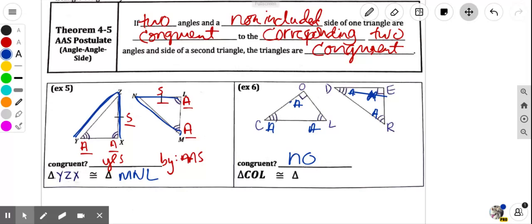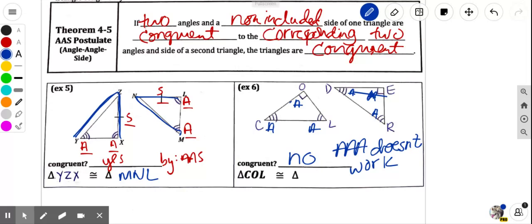For a reason you could say angle, angle, angle is not enough information, or angle, angle, angle doesn't work. Or you could say you need another side mark, or a pair of sides marked. If you just had one pair of sides marked here, it would be enough to say they're congruent. But we don't. When just the angles are congruent, they're called similar triangles, which is the next unit.